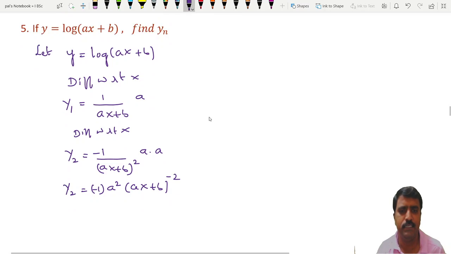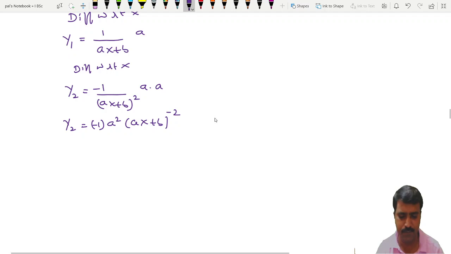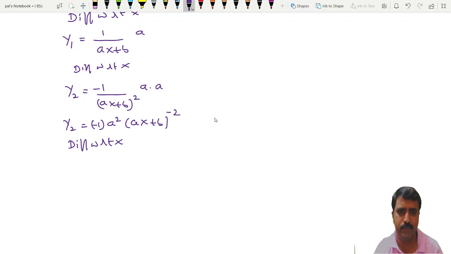Now you differentiate this again with respect to x. Differentiation of y2 is y3, which is equal to minus 1 into a square, which is constant. You keep that as it is. It is in the form of x to the power n. Differentiation of x to the power n is n x to the power n minus 1.